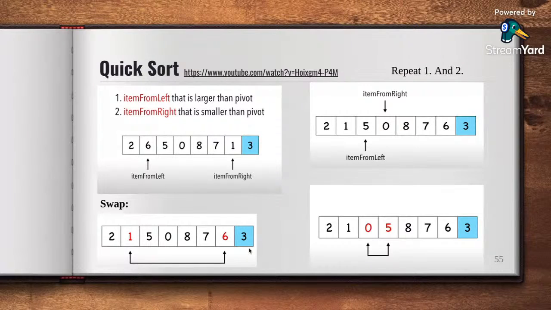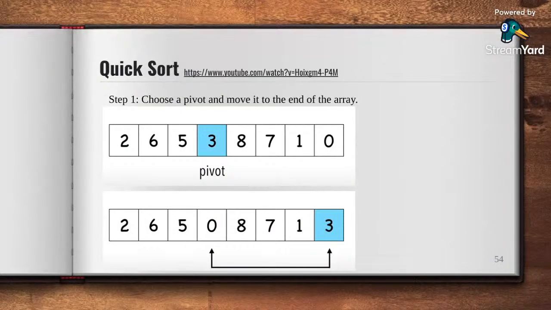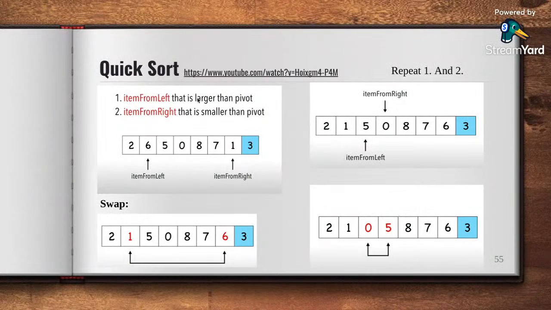Find an item from the left that is larger than the pivot and an item from the right that is smaller than the pivot, and we swap those elements. Then again we do the same thing: the item from the left should be larger, the item from the right should be smaller. So find the smaller element from the right and the larger element from the left, and then swap them.